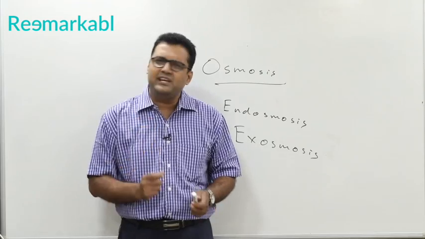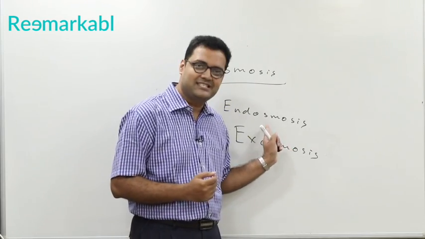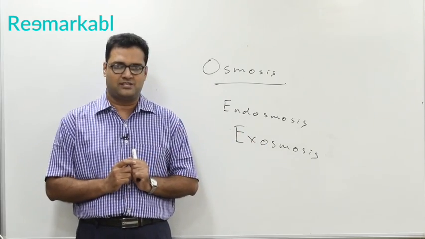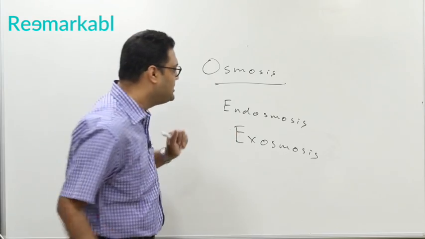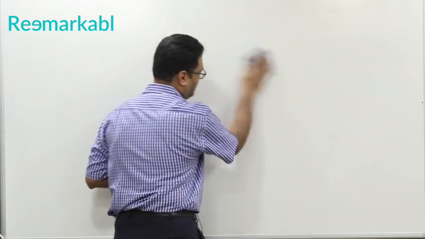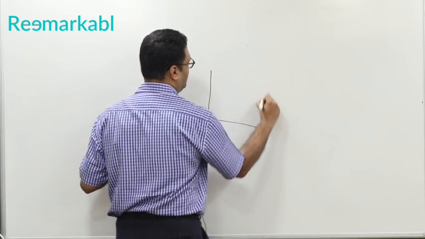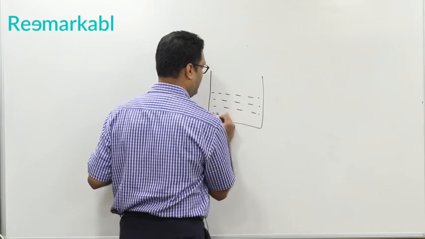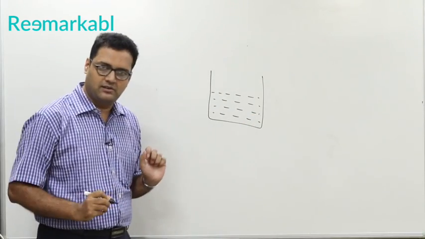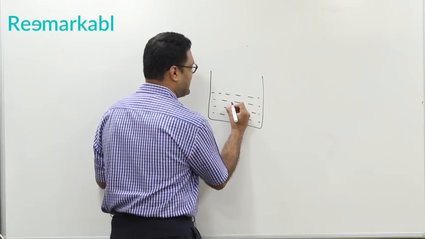Now we need to study the different types of solutions in order to understand endosmosis and exosmosis. So what are the 3 kinds of solutions which we'll study? For that, let me show you in a diagrammatic manner. Children, I take water which has a lot of salt in it, and I put a cell in it.